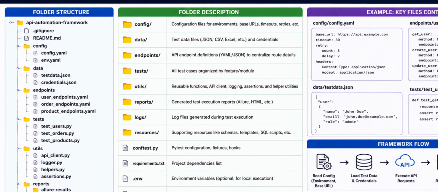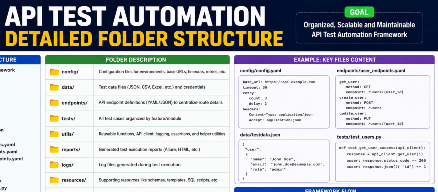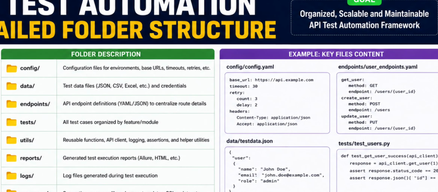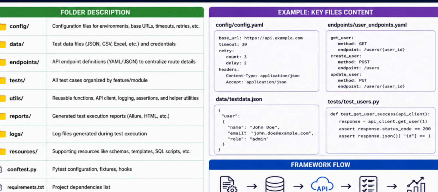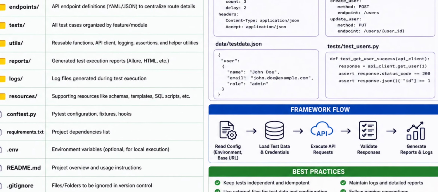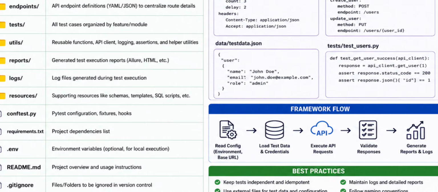Okay, so this folder structure is almost the same across projects, and these are the key file contents. Okay, with a sample example, the first one you can see the config.yaml file which has been put into the config folder, and then we can see an endpoint file, and then we can see a test data.json file, and then we can see a user file on how it will be in the test.